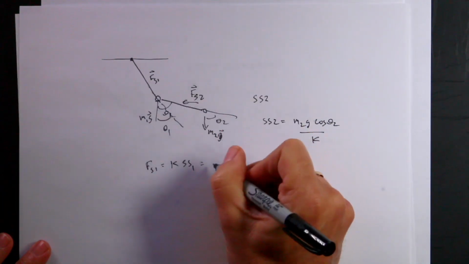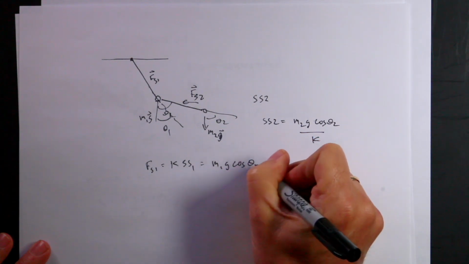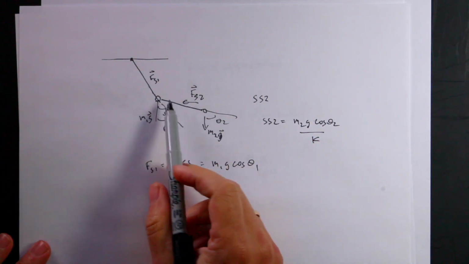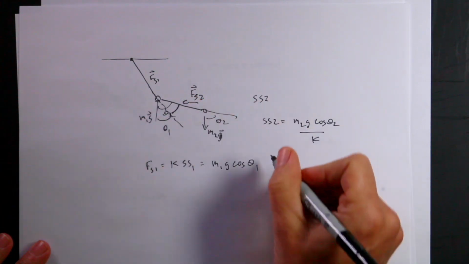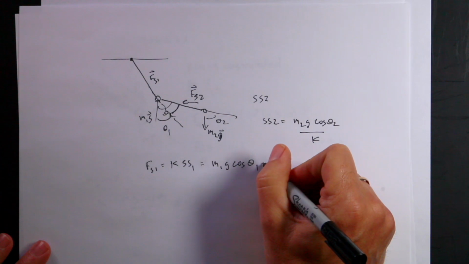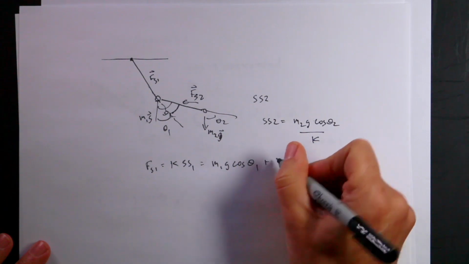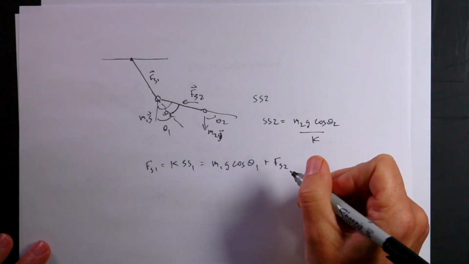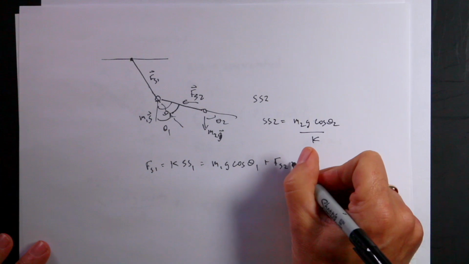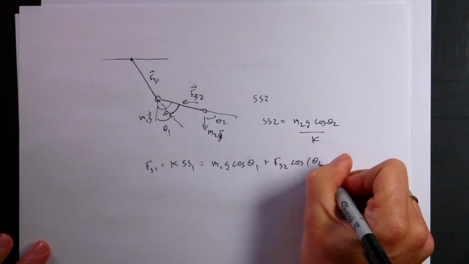And in the other direction, I have M1G cosine theta 1. And then I have this component. This angle right here is going to be equal to theta 2 minus theta 1. So it's going to be plus FS2 times cosine theta 2 minus theta 1.